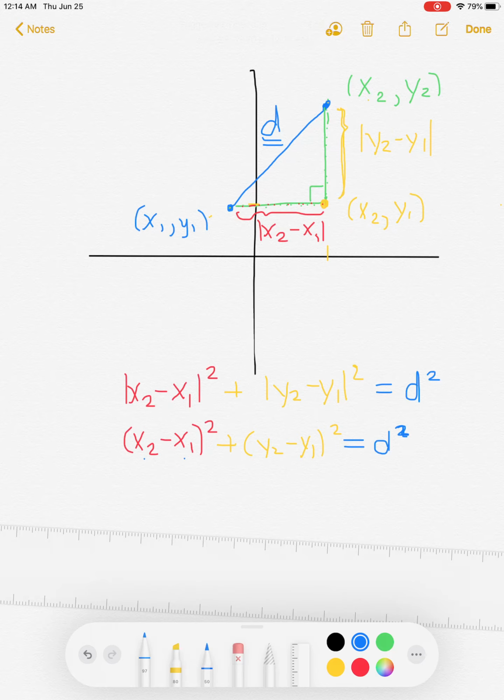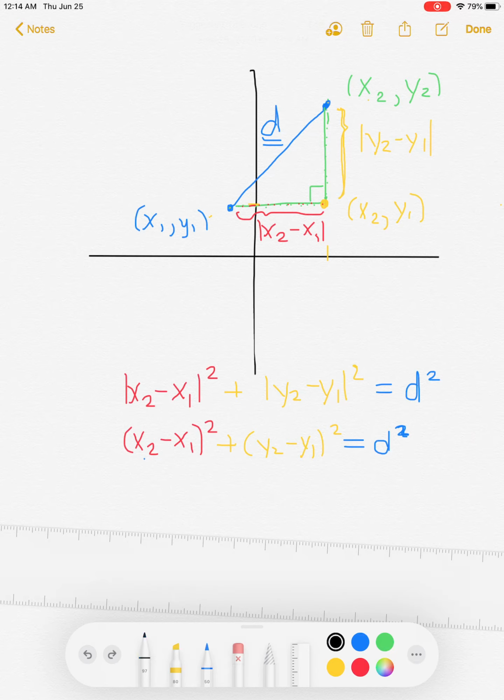You won't believe how common it is as a teacher to get the question, well, what's the order for the distance formula? And hopefully after this exercise you realize that order does not matter. It doesn't even matter if I write this yellow term before the red term here. Because of the commutative property of addition, that wouldn't change that either.